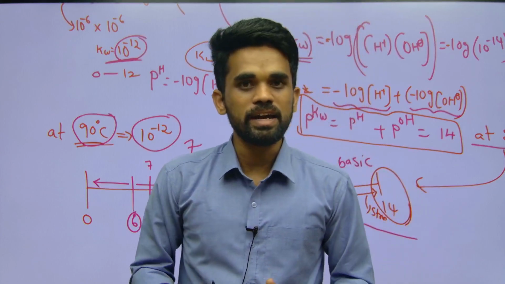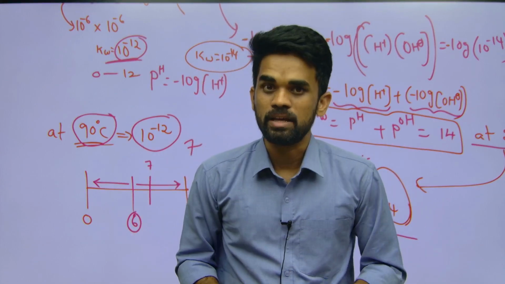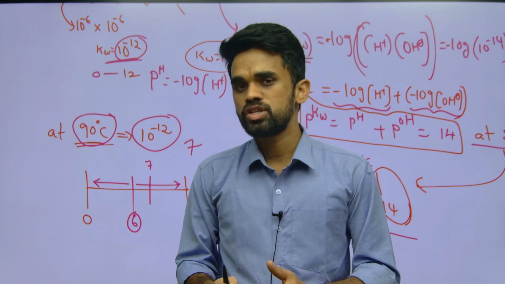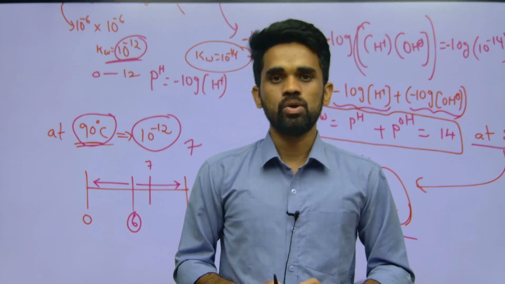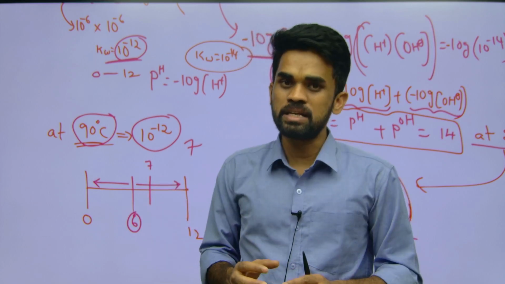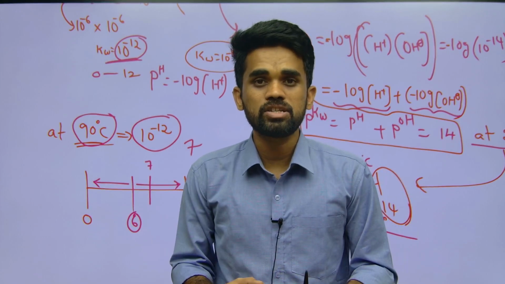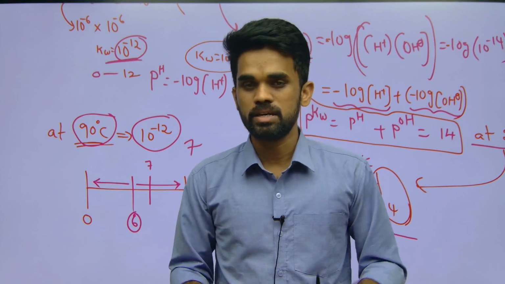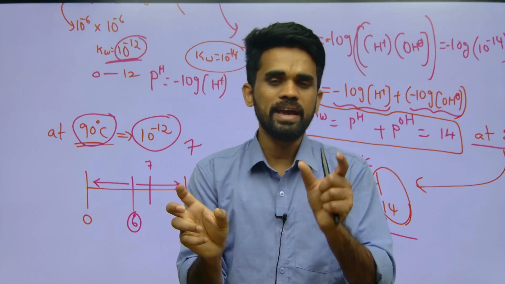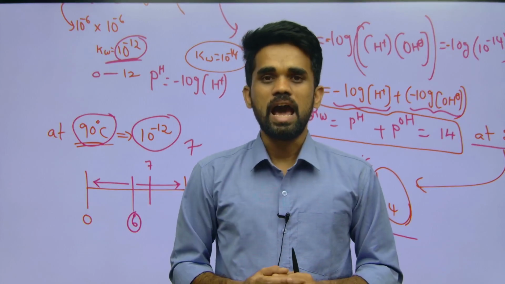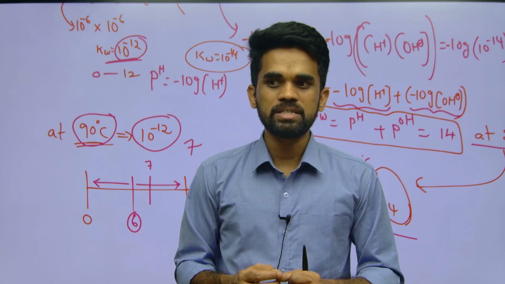So in the next video I will be explaining how to calculate pH and pOH of weak acids as well as weak bases. Okay, so what have we discussed till now? How to calculate pH of strong acid and strong base. That's why I have taken only 2 examples, HCl and NaOH. In the next session I will be taking weaker acids.